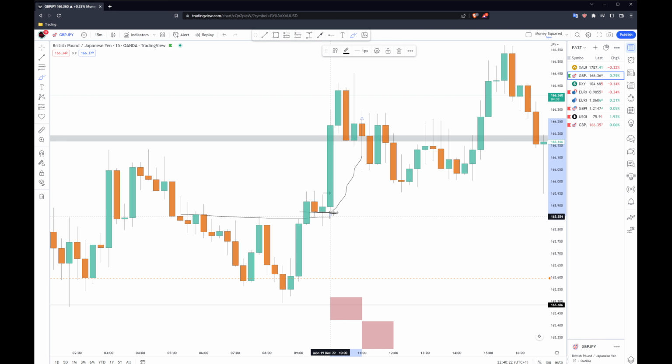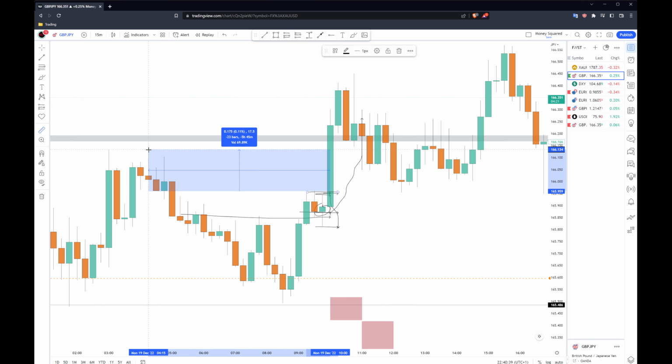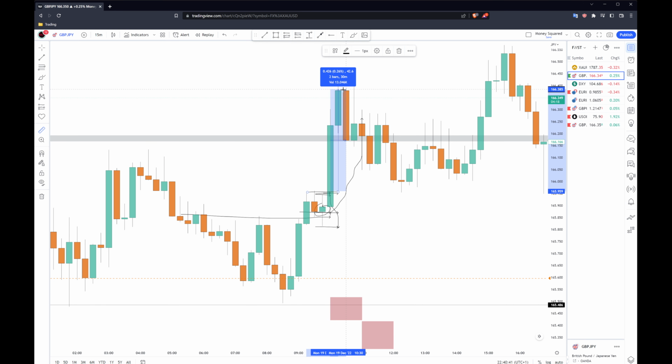So we go on 15 minutes and we check support is confirmed with this candle. As soon as we break these highs here, we should be good to go up with stop loss below here, and this would have been an amazing entry today with 15 pip, and then 15 pip, 70 pip, all the way to a 40 pip move to the upside.